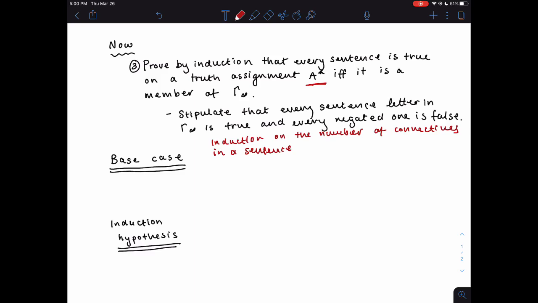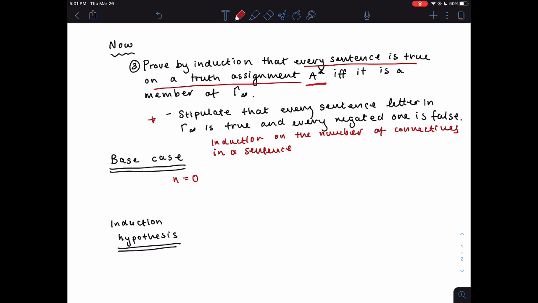So our base case is going to be n equals 0, and we're dealing in that case with an atomic sentence. And we want to prove again that every atomic sentence is true on a truth assignment if and only if it is a member of gamma infinity. Well, we stipulated that sentence letters in gamma infinity are true on the truth assignment, right?